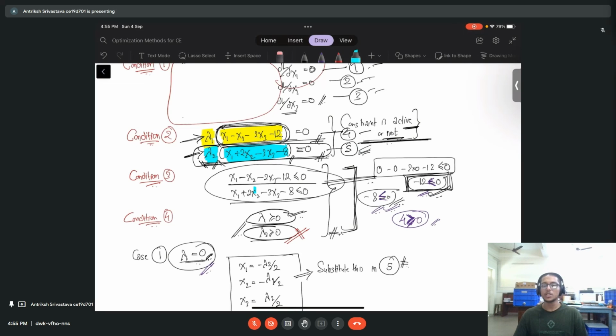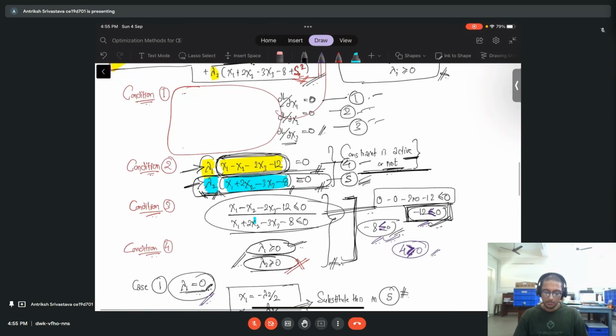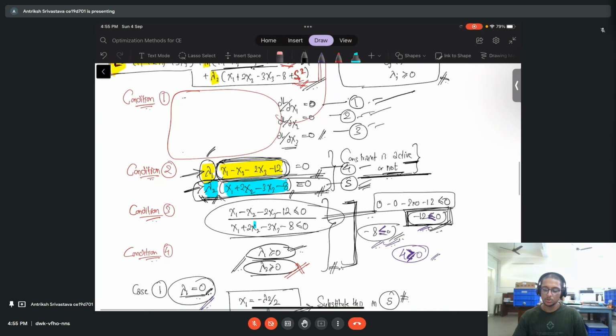Okay, no problem. The answer is we don't do this, and there is a very good reason for that. When we considered lambda 1 equal to 0, what are all the equations we used for solving this? We used equations 1, 2, 3, and one more equation, equation number 5.